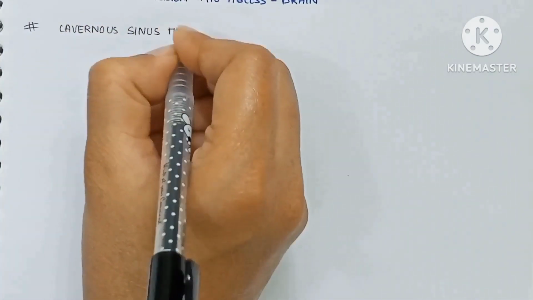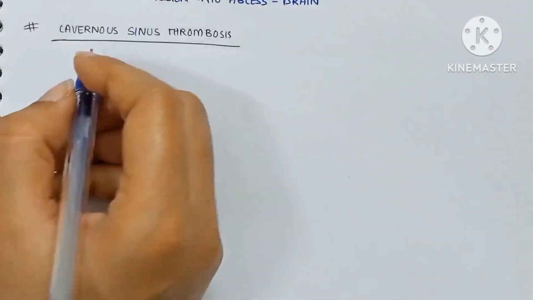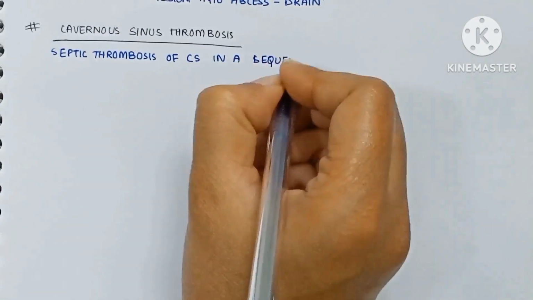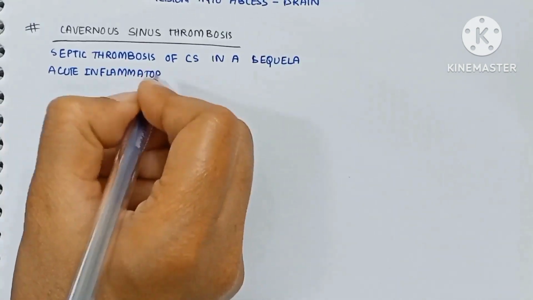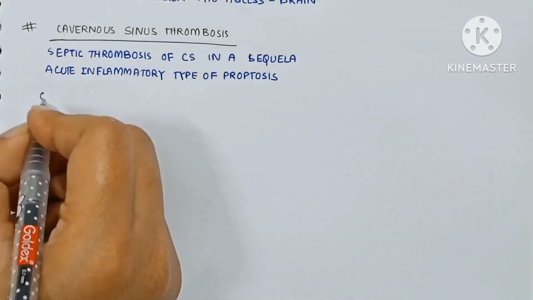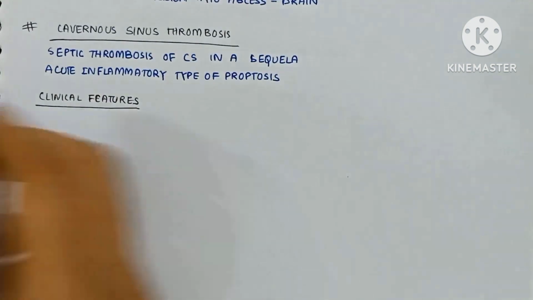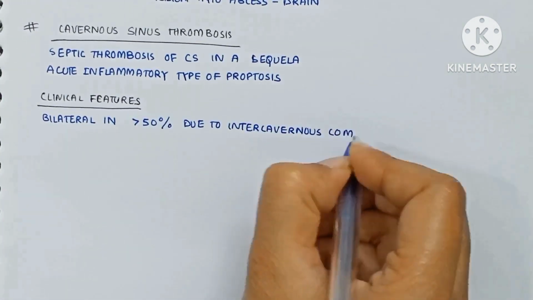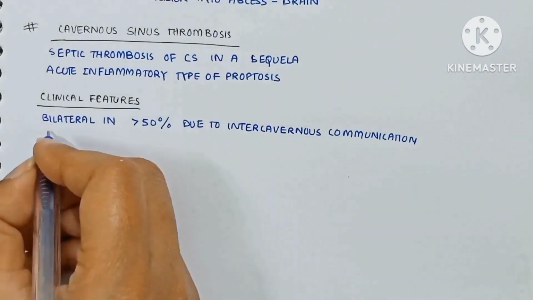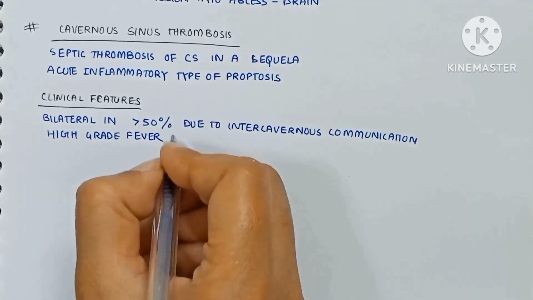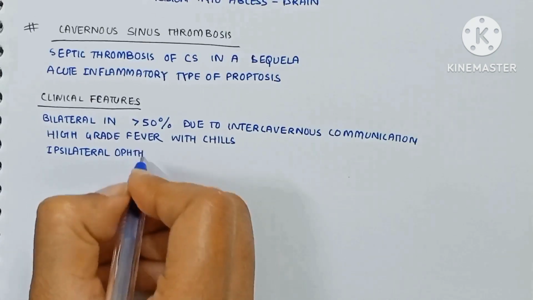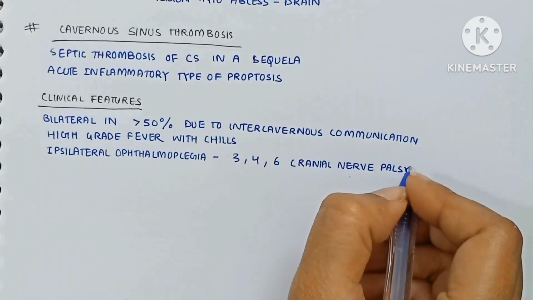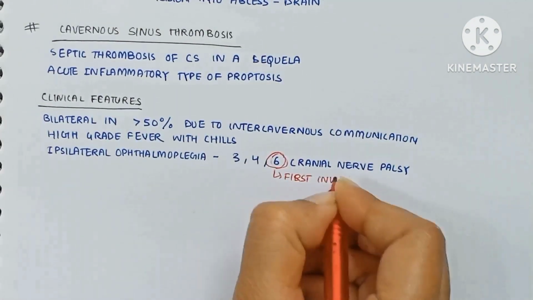Next is cavernous sinus thrombosis. It is a septic thrombosis of the cavernous sinus, and as a sequel, an acute inflammatory type of proptosis. The clinical features are that it is bilateral in more than 50% due to intercavernous communication, with high grade fever with chills and ipsilateral ophthalmoplegia: third, fourth, and sixth cranial nerve palsy, with the sixth involved first.